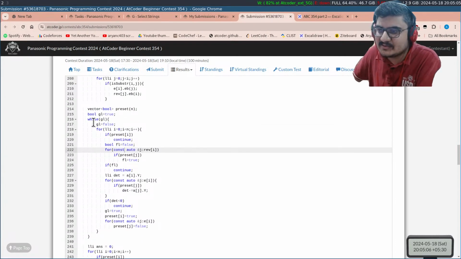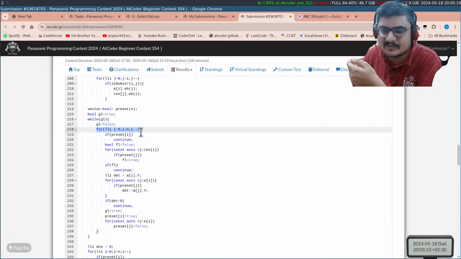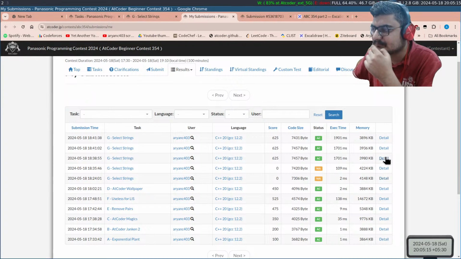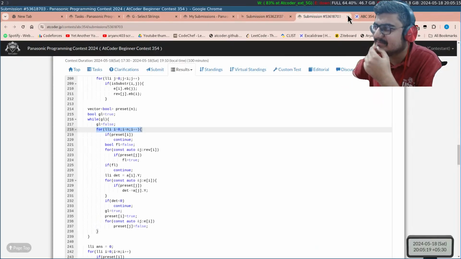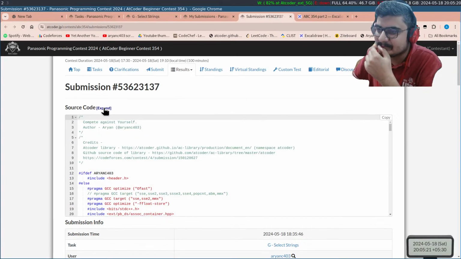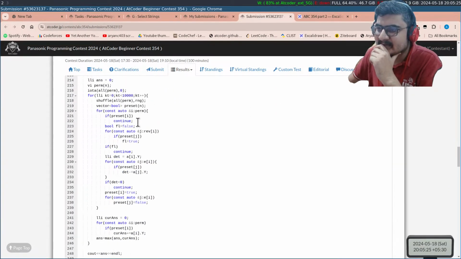So what I can do is a random shuffle. I can try out multiple permutations by randomly shuffling the order. That was the next bit I did. Try around 10,000 shuffles, randomly shuffle the permutation, and do the same thing.